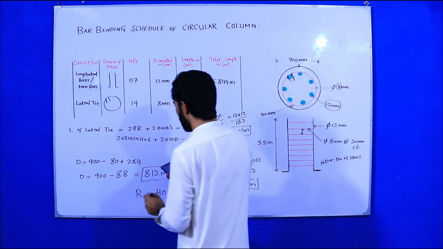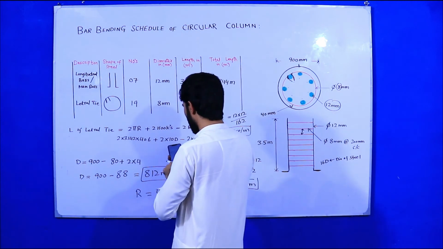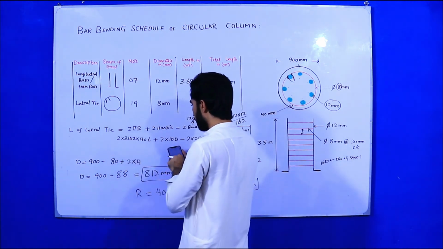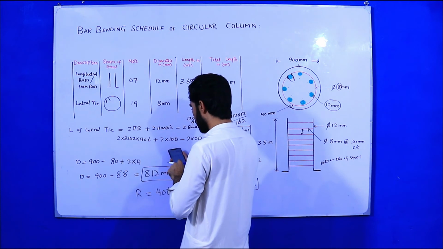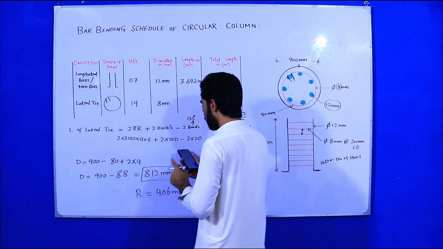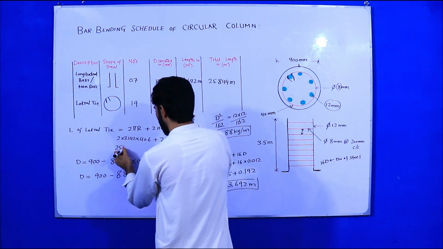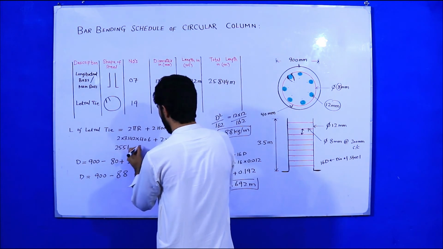So you can see here the circumference, our perimeter, becomes 2 multiply 3.142 multiply 406, which is 2551.